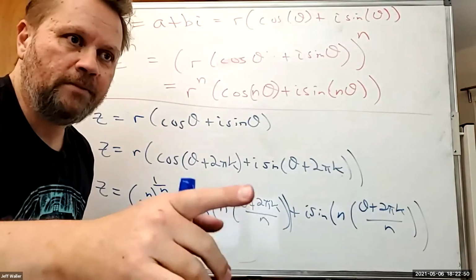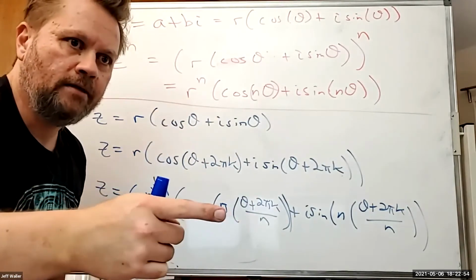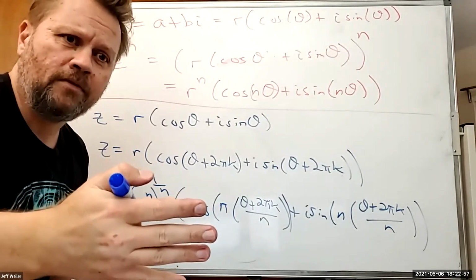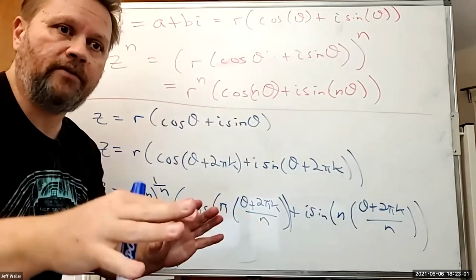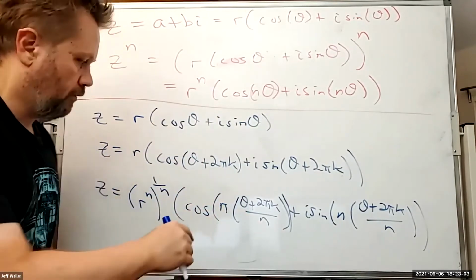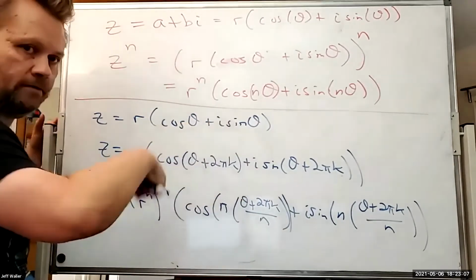Somebody's got a question in chat. What is k? Revolutions, I like it. It's the number of revolutions. So all this is saying is go 2 pi k times.